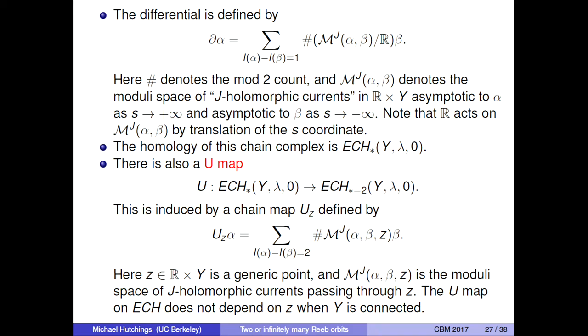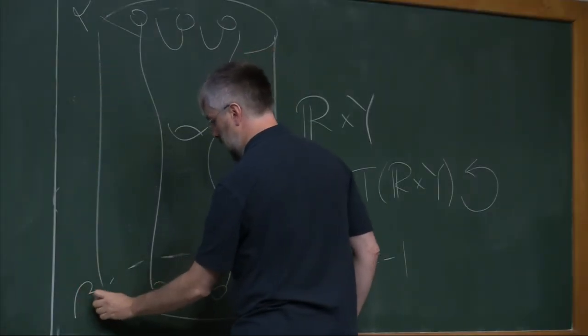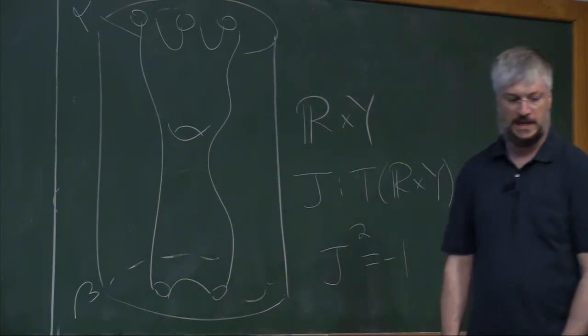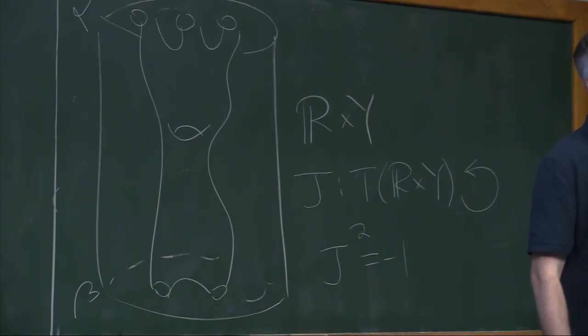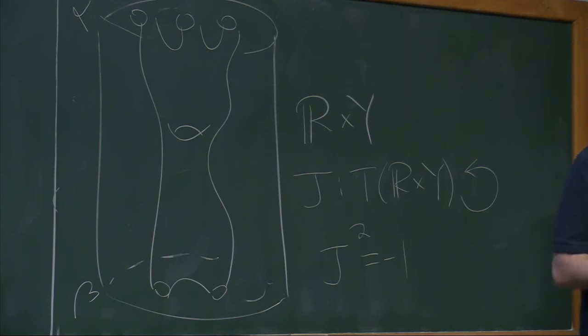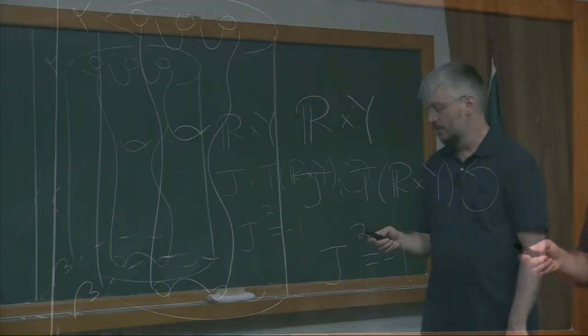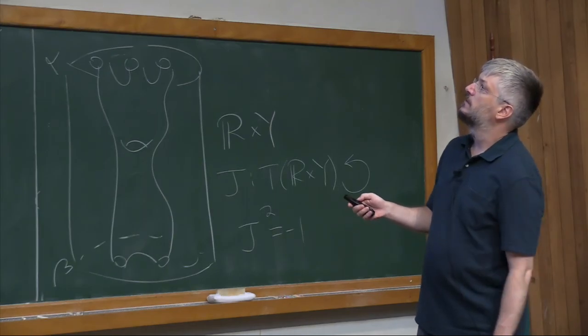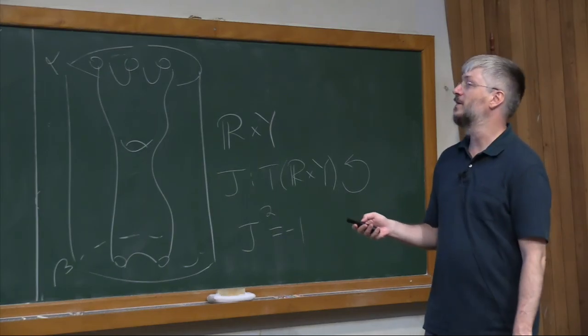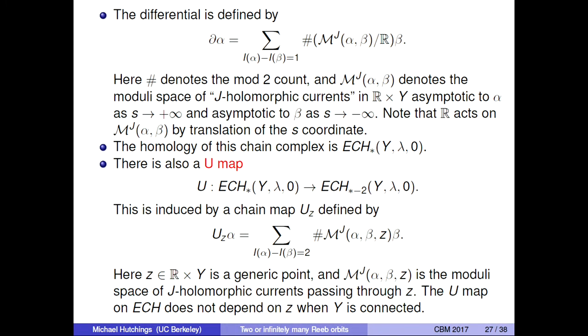So you have alpha up here and beta down there. And we actually call them holomorphic currents. That's sort of a technical fine point. And you can show that this is a chain complex, and the homology is the embedded contact homology.